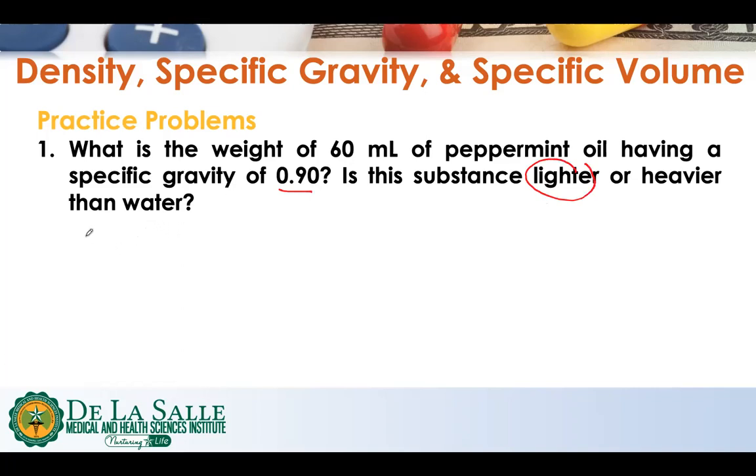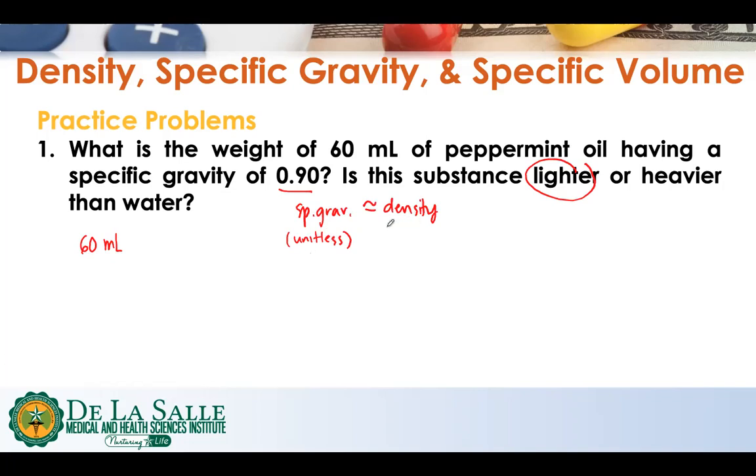Now what we have here is a volume. What I normally do is that I just think that a specific gravity is approximately equal to the density of a substance. Remember that the only difference between these two is that the specific gravity is unitless and it is an abstract quantity, meaning to say its numerical value will not change no matter what the given condition.